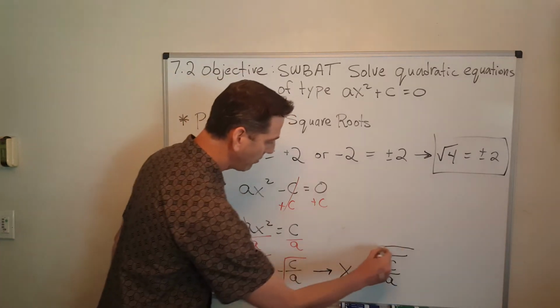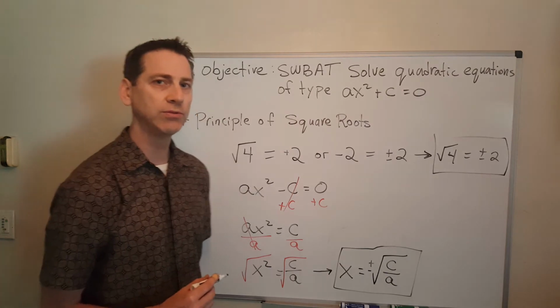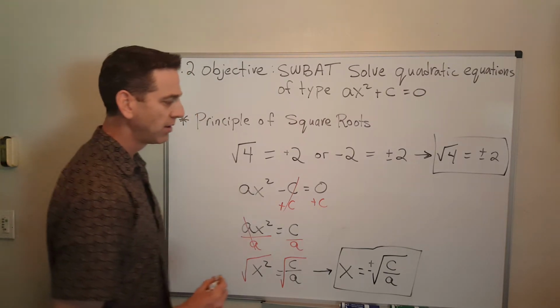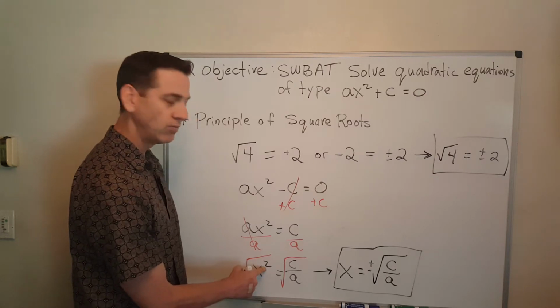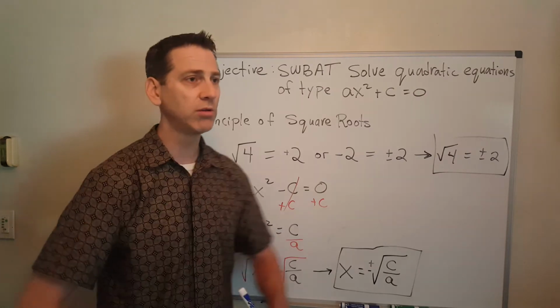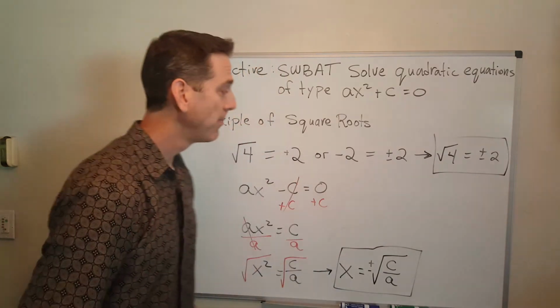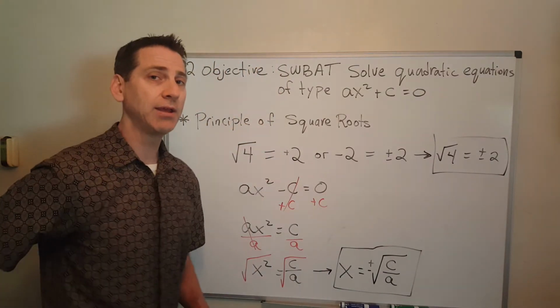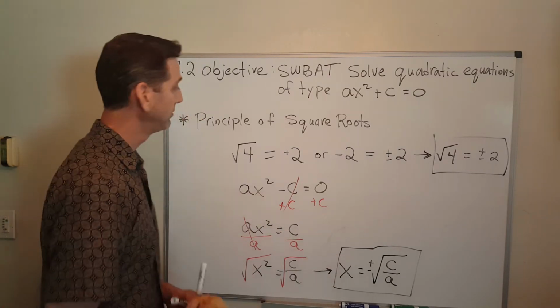And that really is the principle of square roots right there. If I just have a square with no b term, I can just take the square root of both sides and be done with it. Let's take a look at an actual problem, and you'll see how easy this becomes.